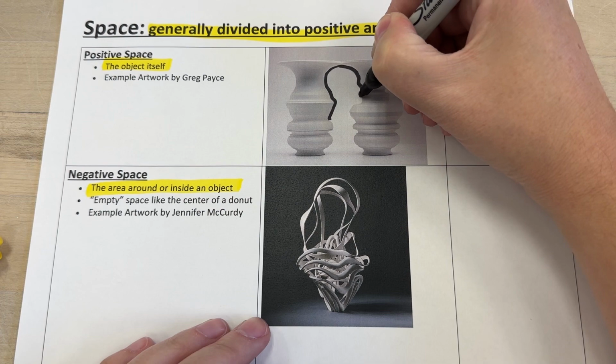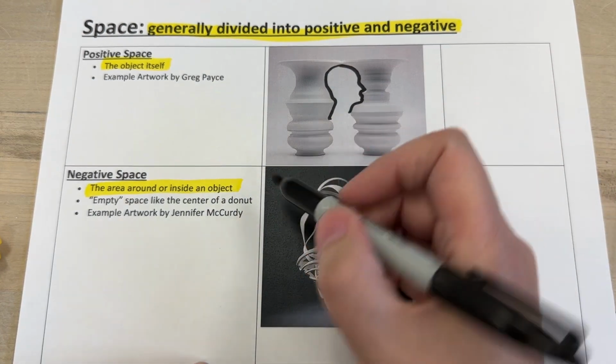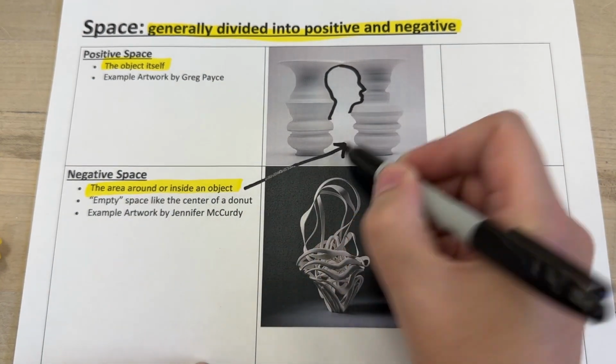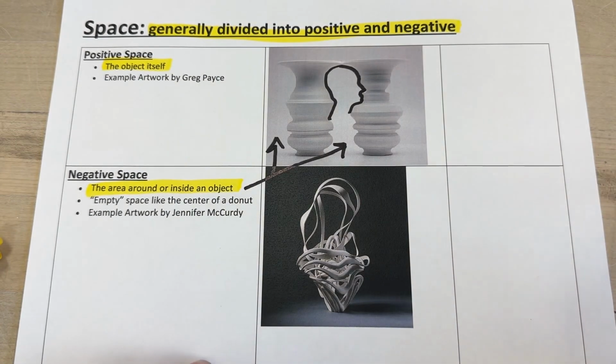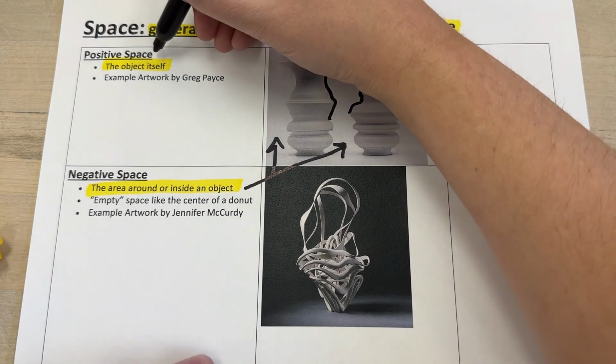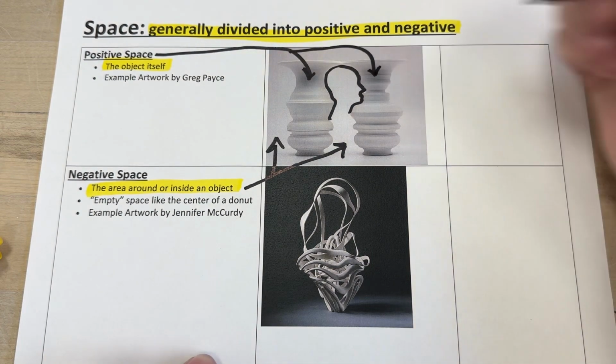So like right here, he's got a human in the negative space, right? So the negative space is the area in between or around an object, okay? And the positive space is the object itself, right?